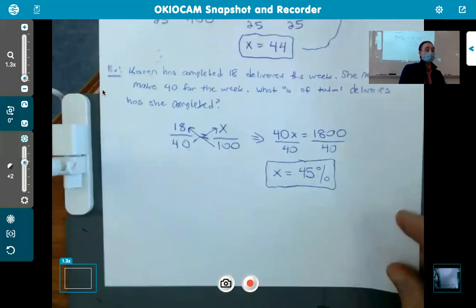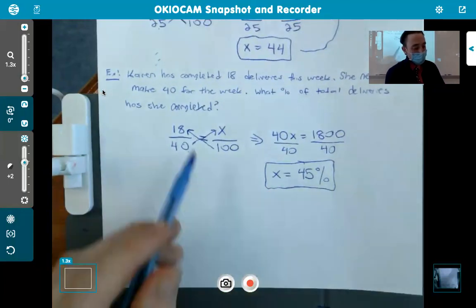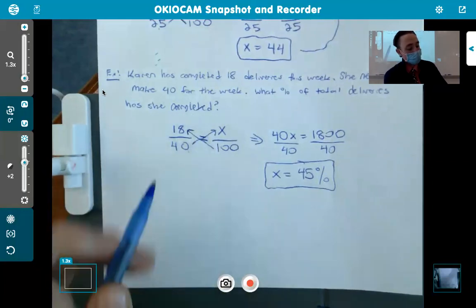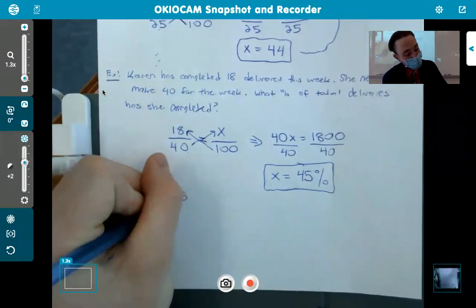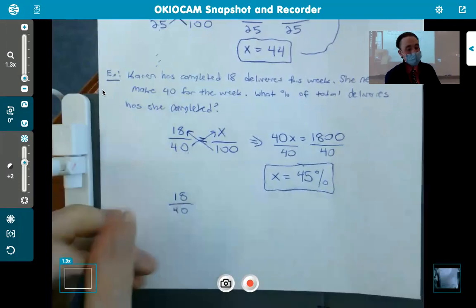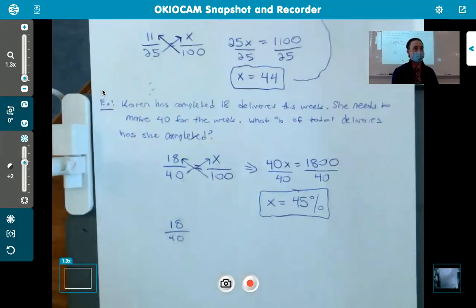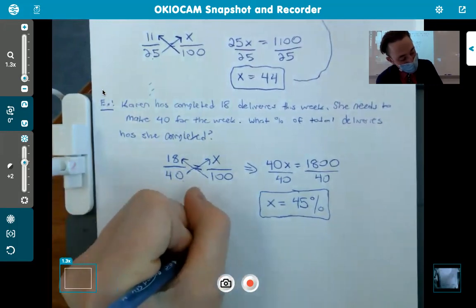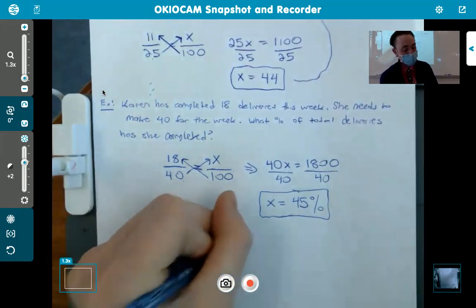Another thing that you can do with this, instead of setting up the proportion, since you have a calculator, if you did 18 divided by 40 on a calculator, you would get 0.45 as a decimal, right?